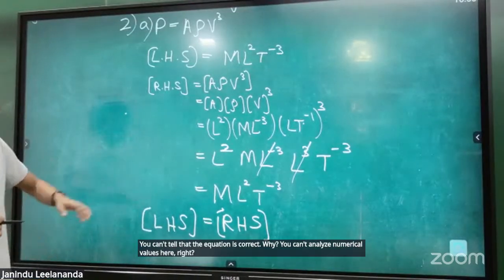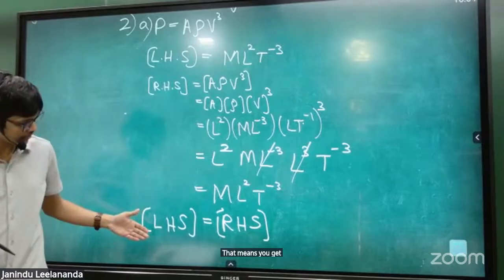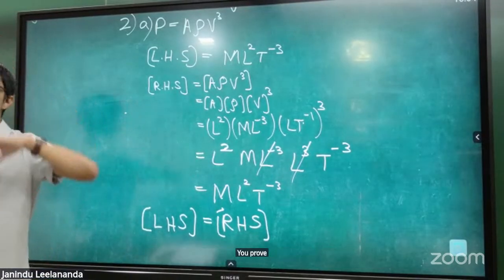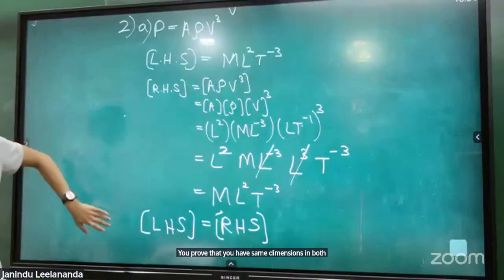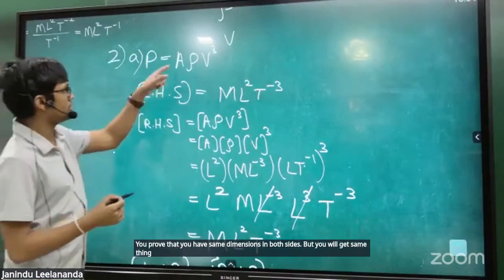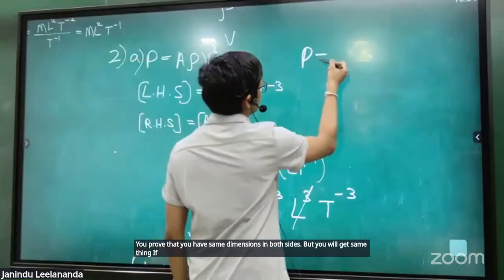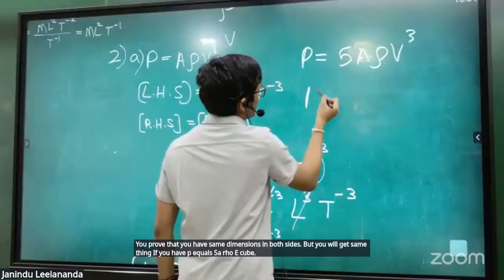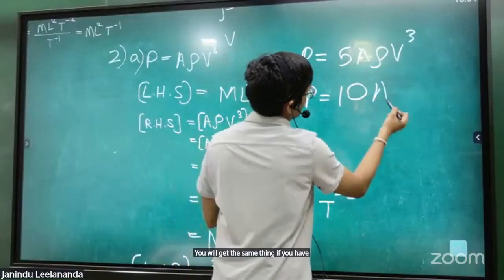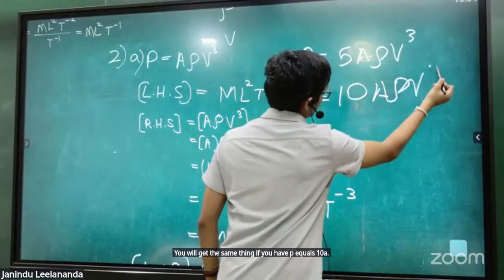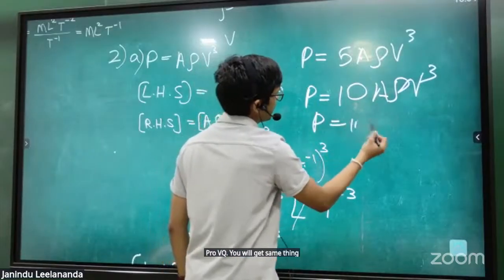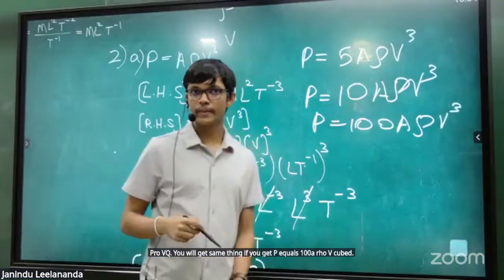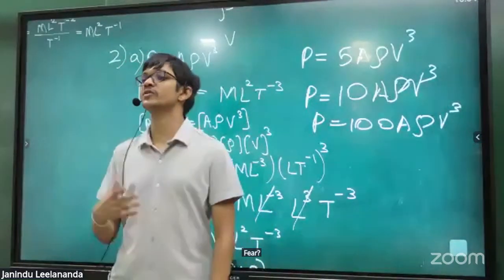You get left hand side equals right hand side, you prove that you have the same dimensions on both sides, but you will get the same thing if you have p equals 5a rho v cube. You will get the same thing if you have p equals 10a rho v cube, and the same if p equals 100a rho v cube. Clear? Whatever the equation, you would get the same, right?